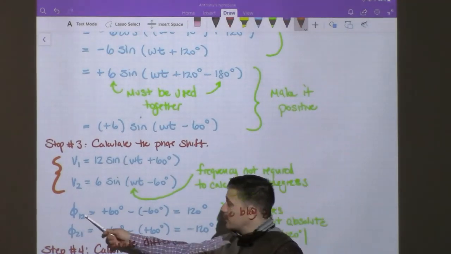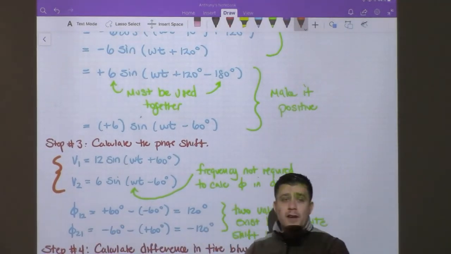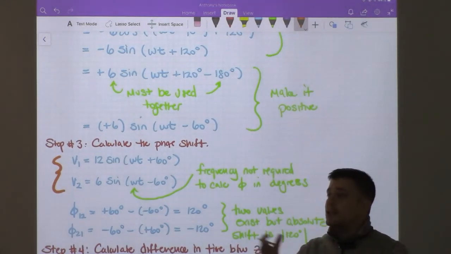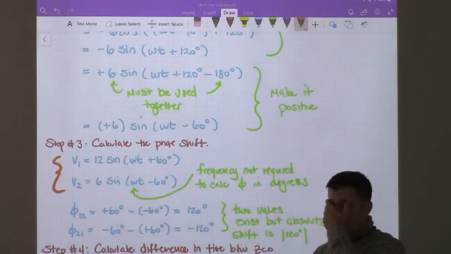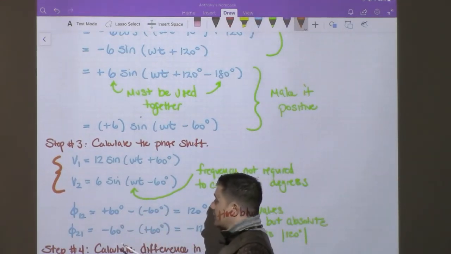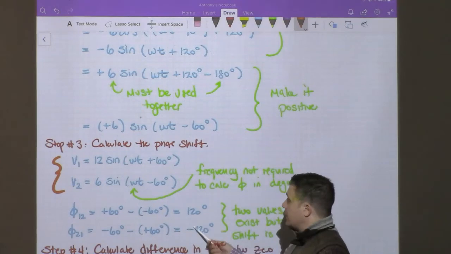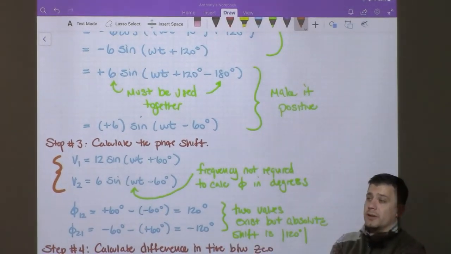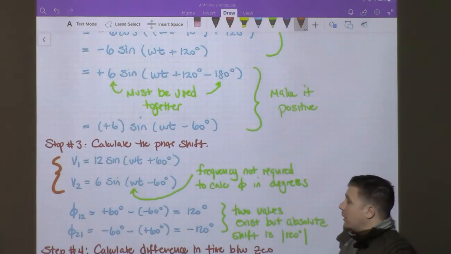There are two: we can calculate phi12 or phi21. The difference can go either way. Phi12 is +60 minus a -60, and then vice versa. So the phase difference has an absolute value of 120 degrees. So there's 120 degrees between them.